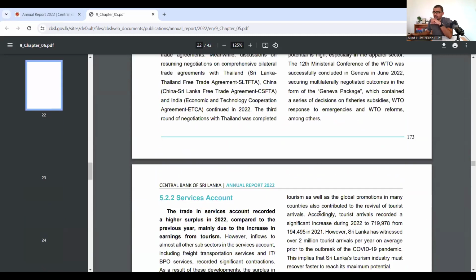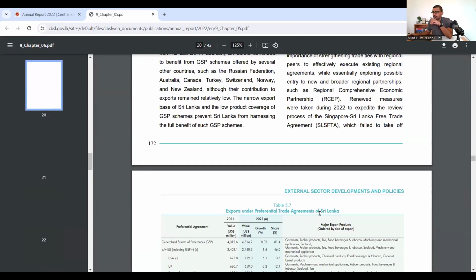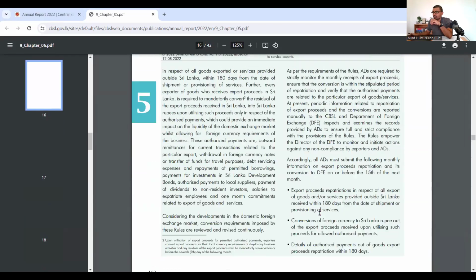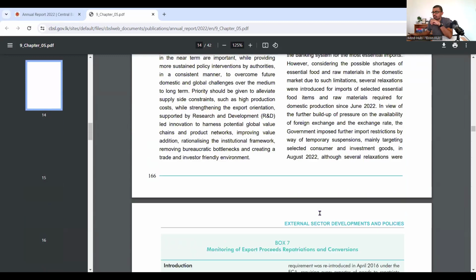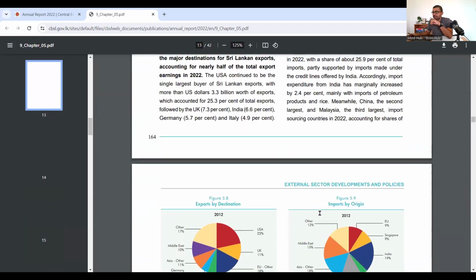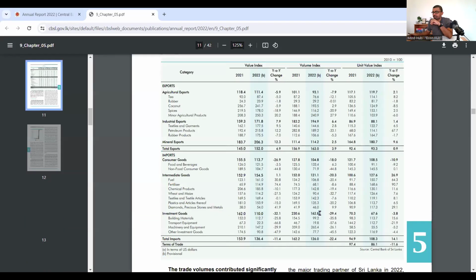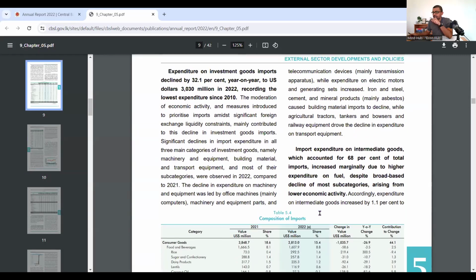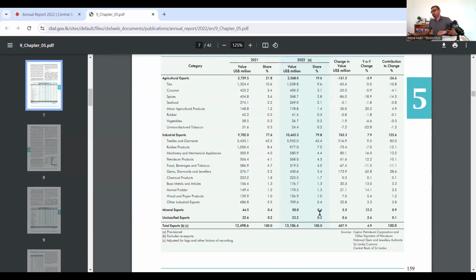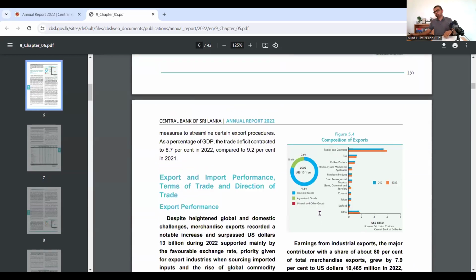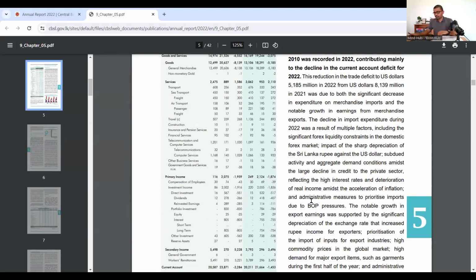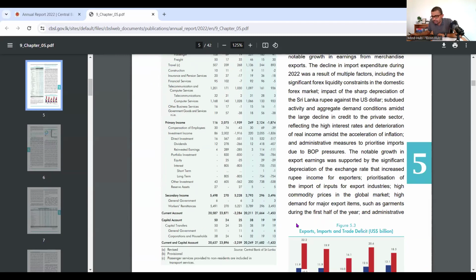I'm just trying to show you the balance of payments a bit. So here we have the current account.